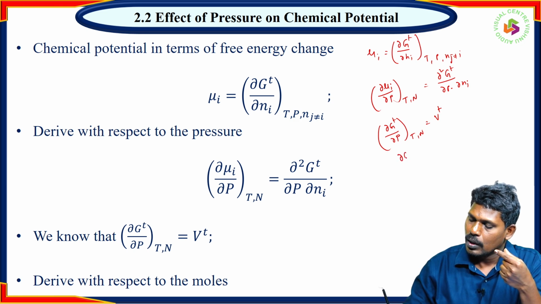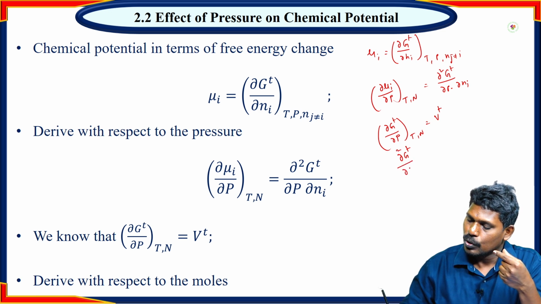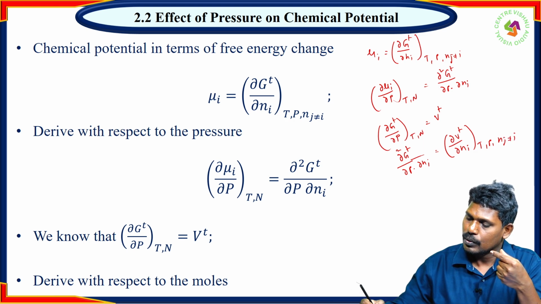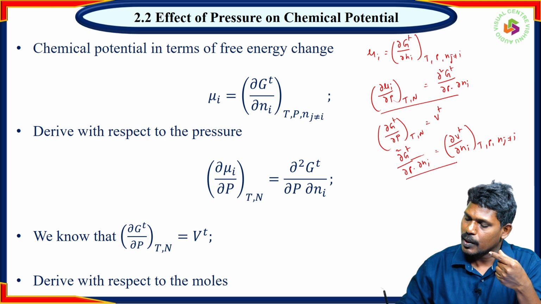Then dou square Gt by dou P dou Ni is equal to dou Vt by dou Ni at constant temperature, constant pressure, Nj not equal to i. So this expression and that expression are both the same.